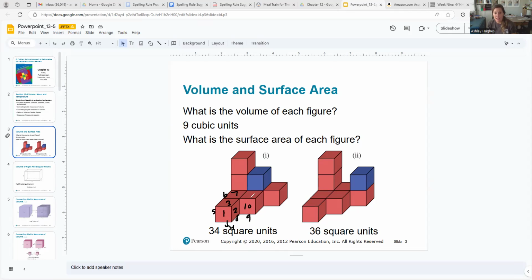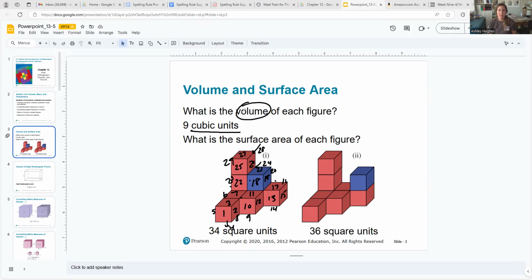One on the bottom here, 9, 10, 11, 12, 13, one on the bottom, 14, 15, one behind, 16, 17, and then I have 18, 19, 20 behind, 21, 22, 23, that one behind there would be 24, 25, 26, 27, back in here, 28, 29, and then underneath these two guys, you have 30, 31, 32, and then the bottom, 33, 34. So that would be 34 square units. Whereas if we counted all of the faces here, we would get 36 square units.